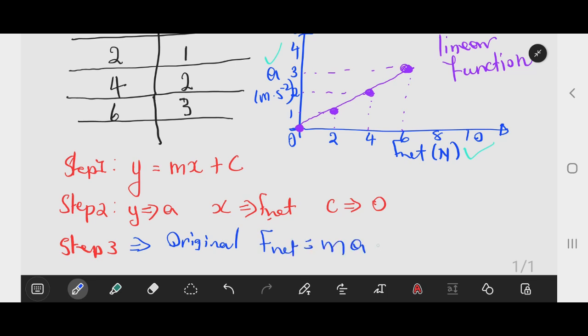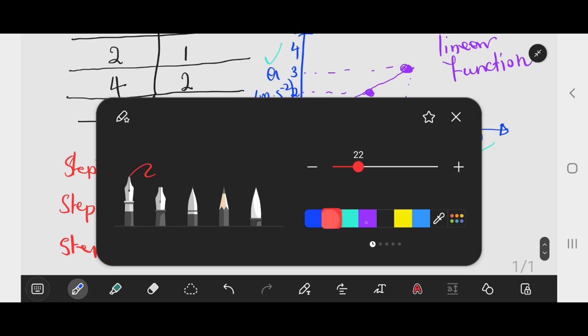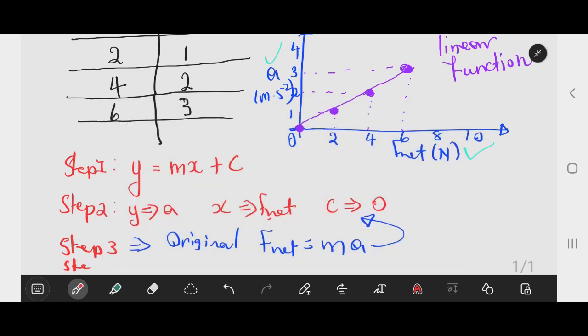So you manipulate this formula in such a way that it looks the same as the formula in step number 2, right? And then the last step, step 4, you compare to evaluate what each variable represents.